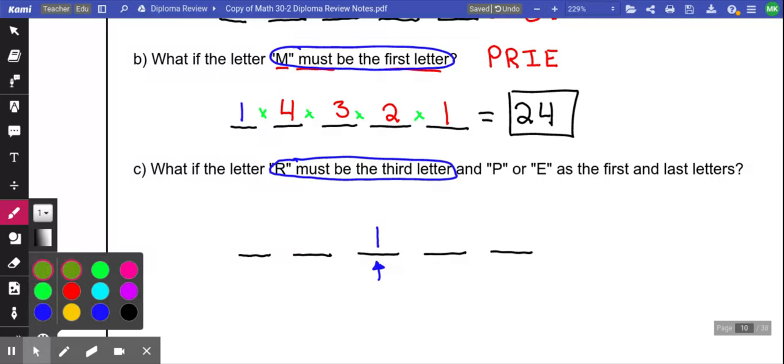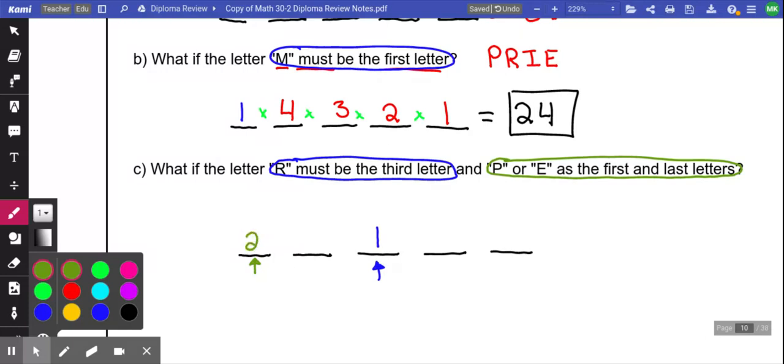Then you're going to go to the next rule. It says P or E must be the first and last letters. If you go to the first spot, you have 2 options.